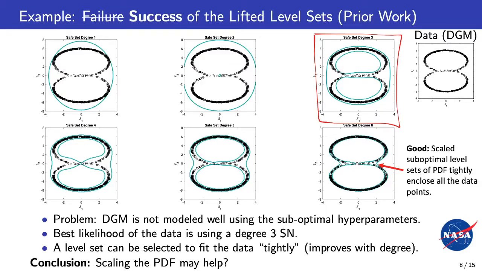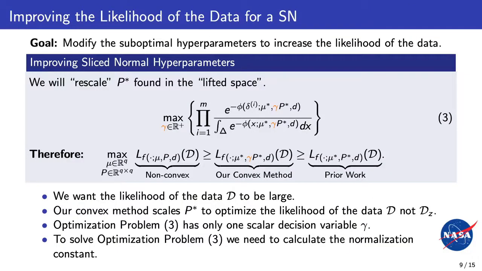Now, this leads us to believe that if we rescale the polynomial argument in our slice normal, we may be able to redistribute some of the density of our PDF to better represent these lower density areas. To do this, we will rescale the p star hyperparameter, but we will do so by optimizing the true likelihood.